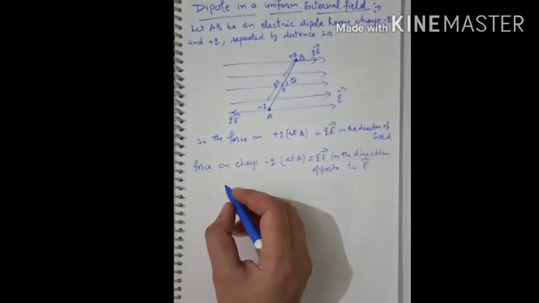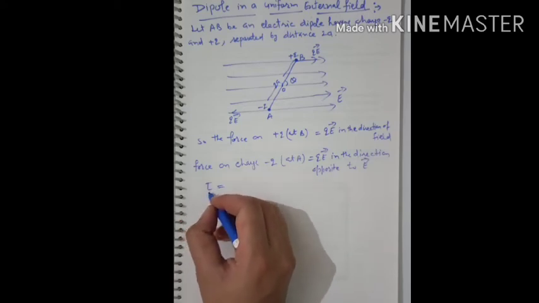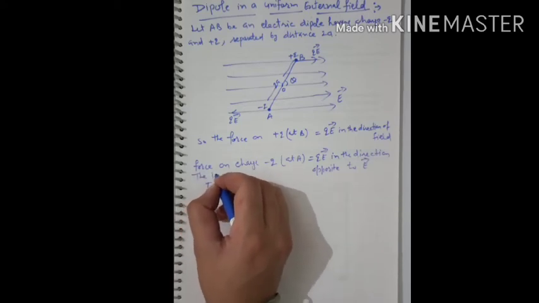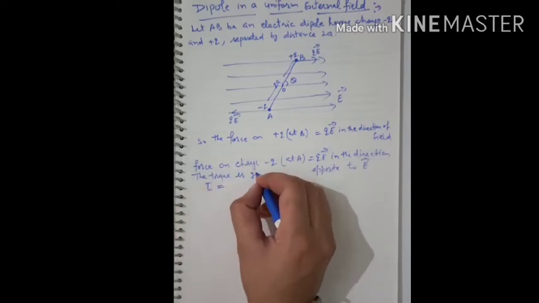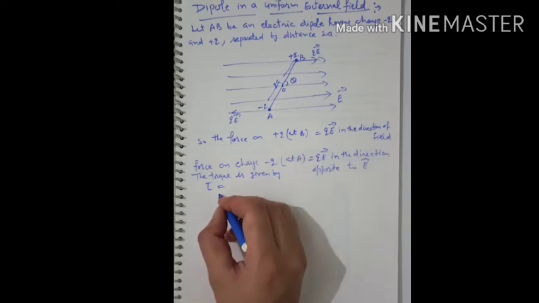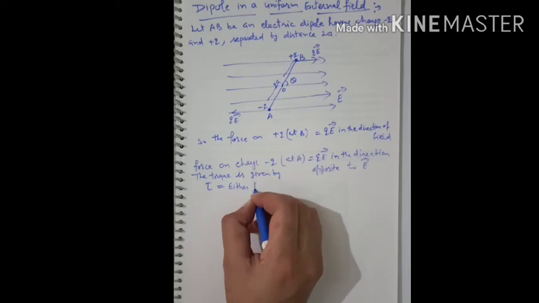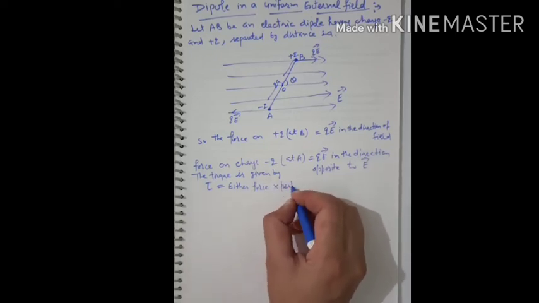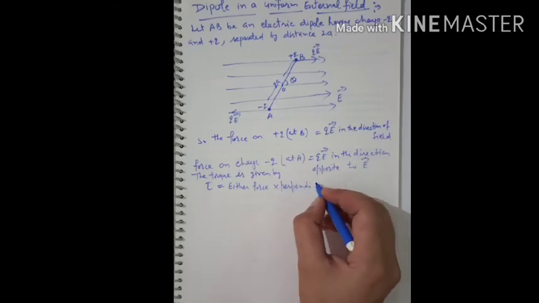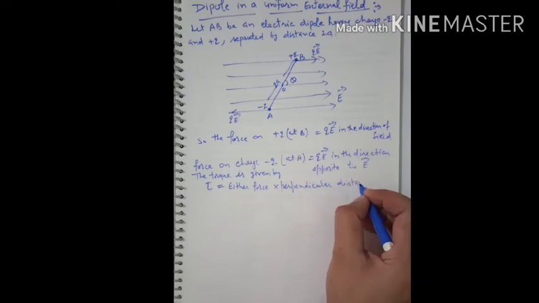So here is the torque. This is the symbol for torque, tau. The torque is given by force and perpendicular distance between the two forces.